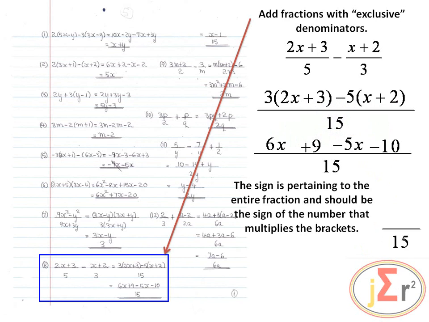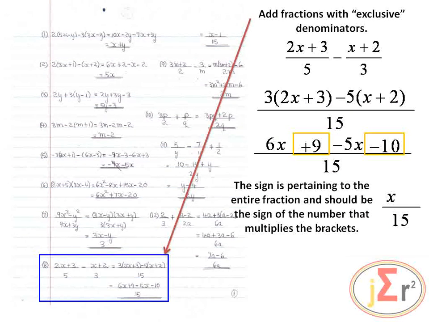Then what do we do? Combine like terms. 6x minus 5x is equal to x. And what else do we know? Positive 9 minus 10. The signs are different. Subtract the smaller from the larger, and the answer will take the same sign as the larger. The larger one is 10, and it is negative.